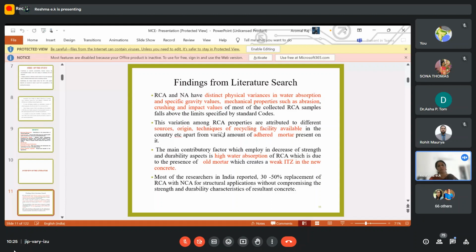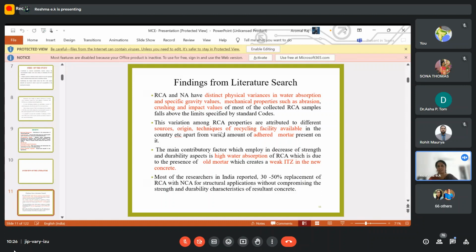I feel that is the main problem with this particular study, because most of them stop the study after doing only mechanical properties, say compressive strength, flexural strength, and the split tensile strength. Maybe they carry out some more studies.